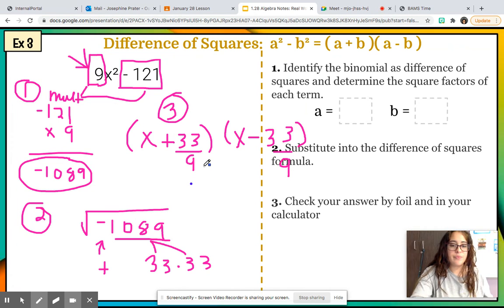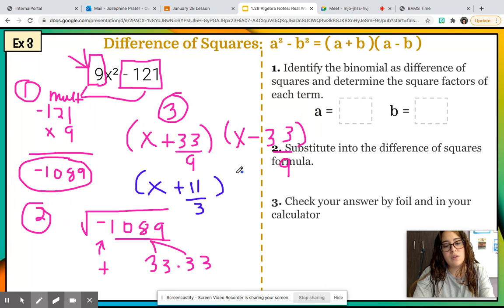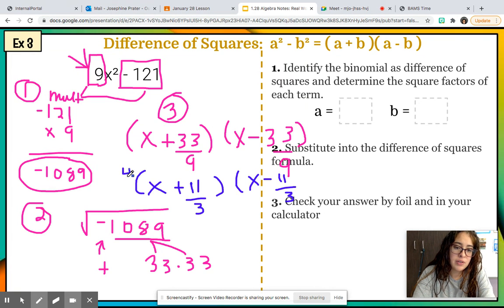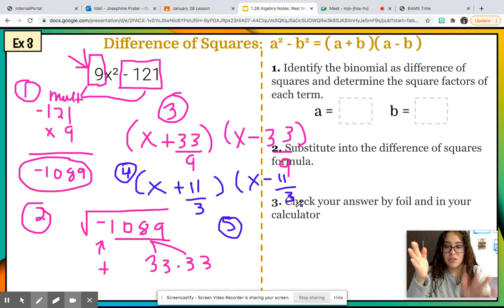11 thirds. Put x plus 11 thirds, x minus 11 thirds. And then step 4, you simplify. Step 5, you're going to move these denominators into the new coefficients of your factored form.